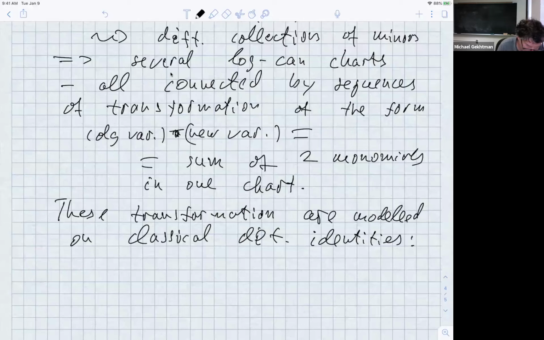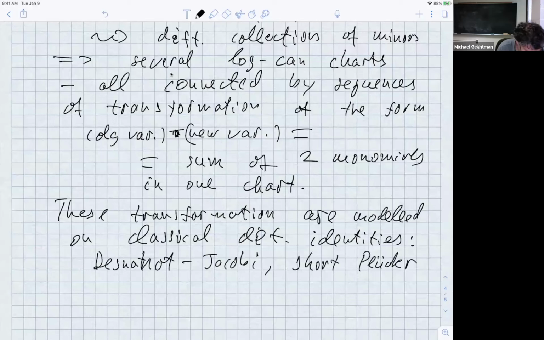So identities like, if you wish, Desnanot-Jacobi, Sylvester, Schur-Kluger, etc. All right, so maybe I should show a picture of such a situation, but I will do it in a second. But are there any questions?